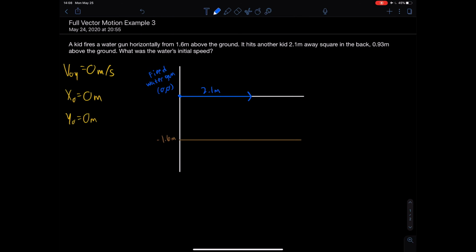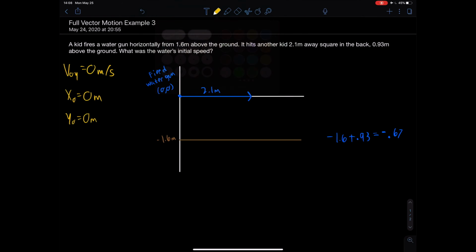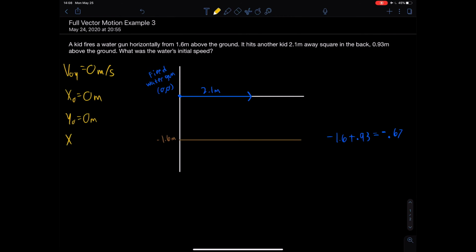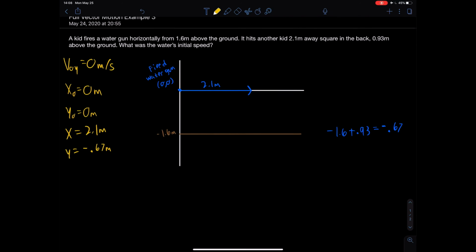If it's 0.93 meters above the ground, then we want the coordinates of the ground, which was negative 1.6 meters in the y direction, plus 0.93. That gives us negative 0.67. So we want the final position in the y direction at negative 0.67. Let's mark these two things down. We ended in the x at 2.1 meters away, and in the y at negative 0.67 meters relative to the origin.